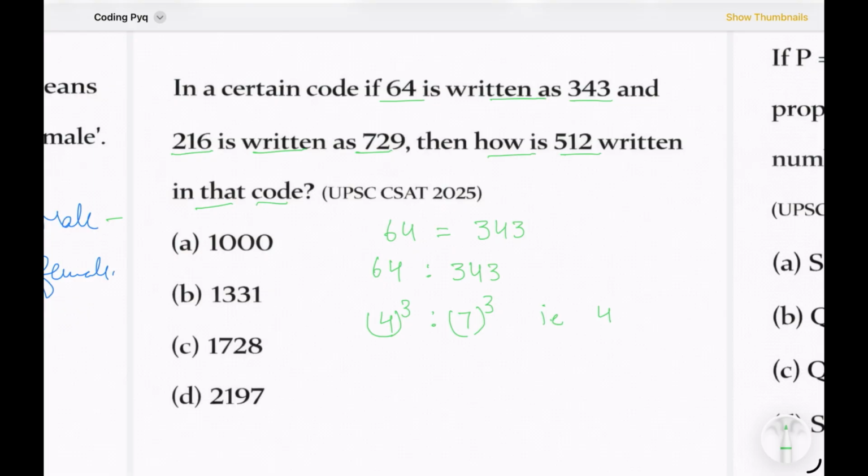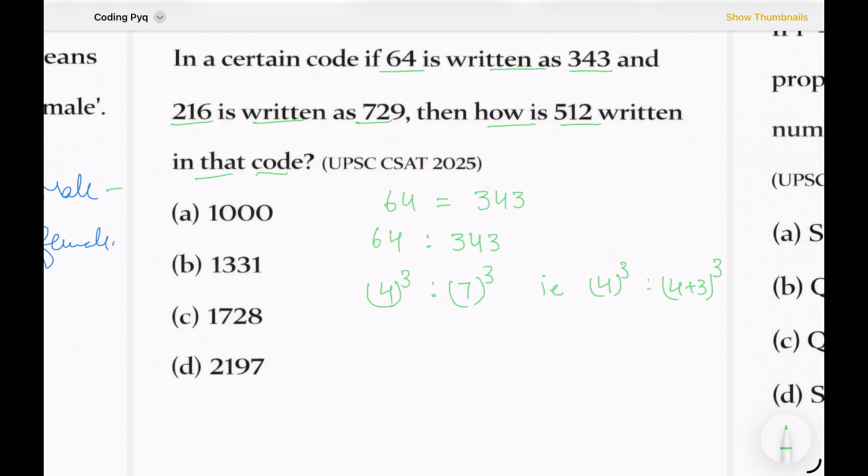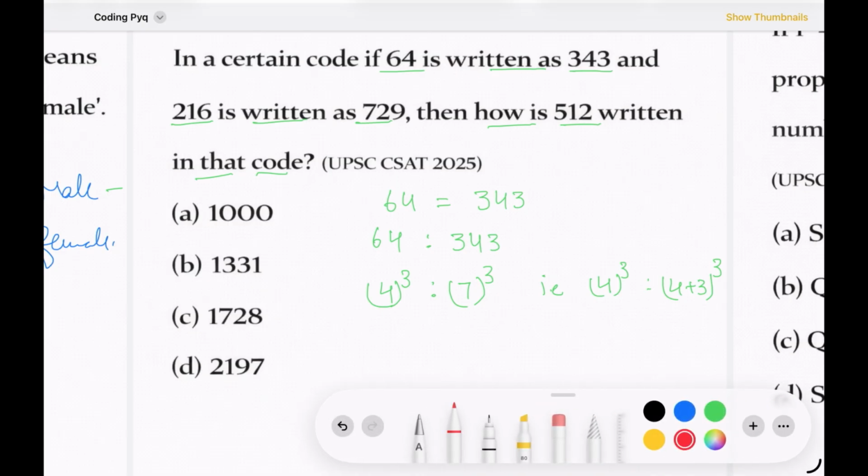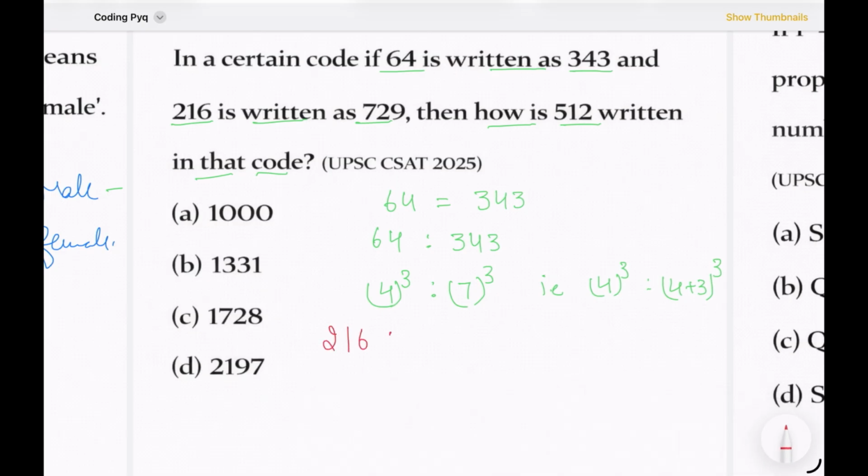That is the cube of 4 becomes the cube of 4 plus 3. Second, 216 is written as 729. 729 is the cube of 9 and 216 is the cube of 6, that is 6 cube and 6 plus 3 cube.